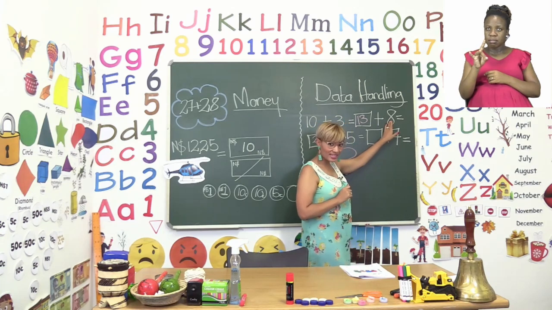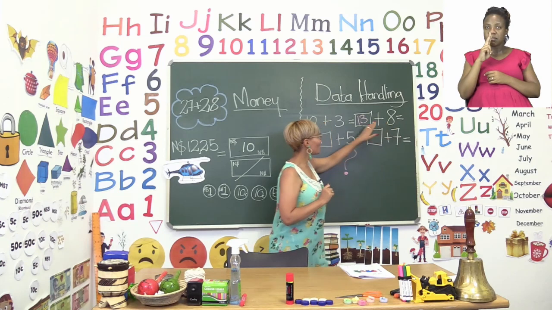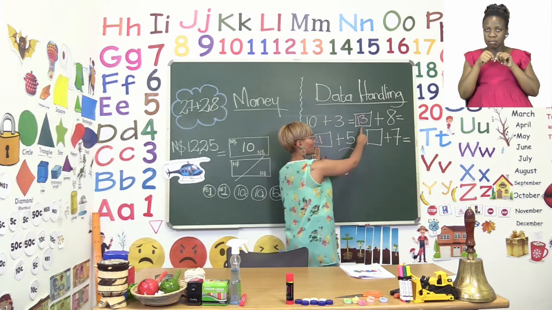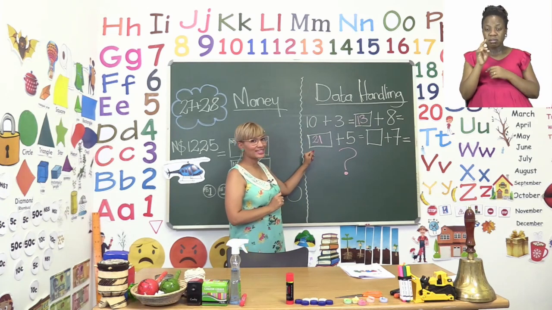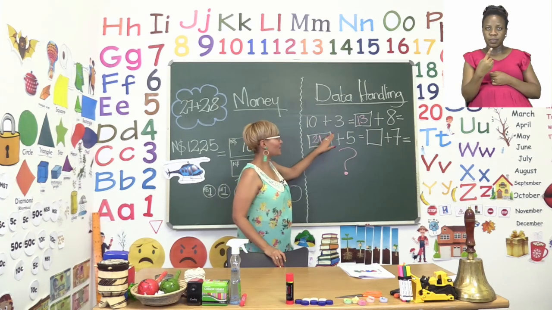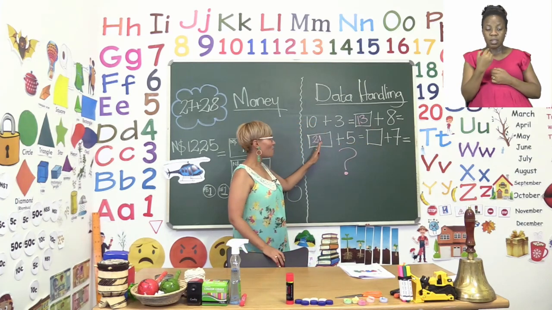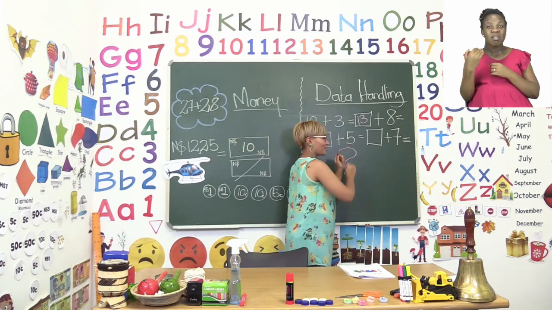Do you remember seeing plus 8? Excellent. Then 13 plus 8 is equal to 21. Good job, everyone. Now remember, this is the answer. Now we go ahead and we say 21 plus 5.